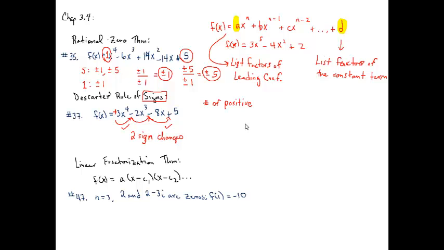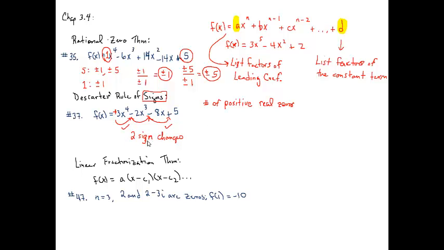The number of positive real zeros is always going to be, let me make sure I get the wording right, the same as the number of sign changes or less than the number of sign changes by a positive even integer. So it's always going to be the same number of sign changes.